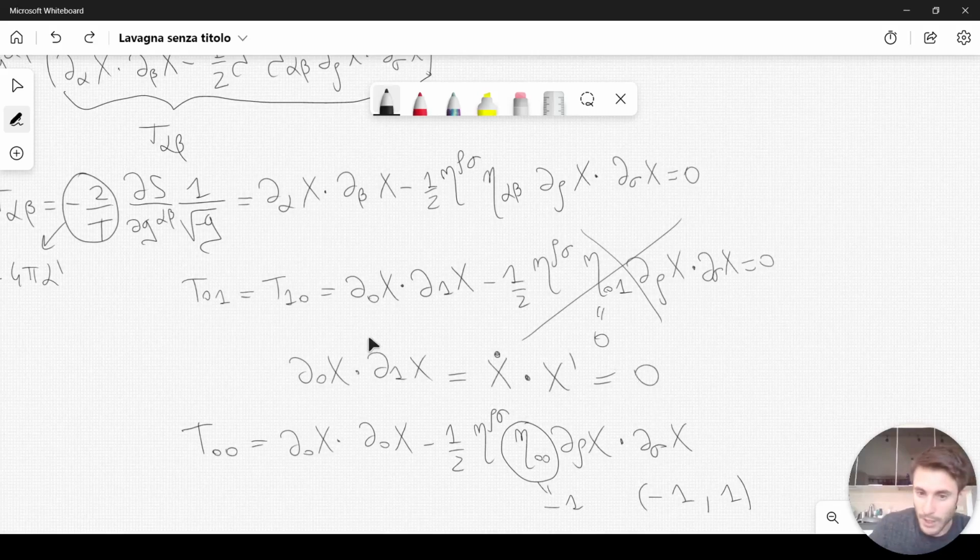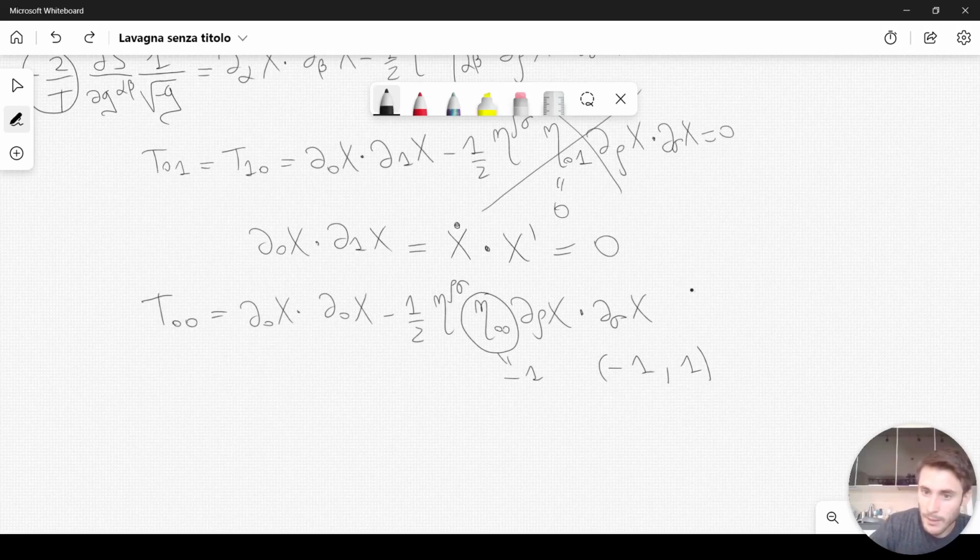And it's quite simple now to rewrite this. This is equal to Ẋ dot product with Ẋ, which we'll simply write as Ẋ². Then we have minus 1/2, but we also have another minus, so we can write plus 1/2.